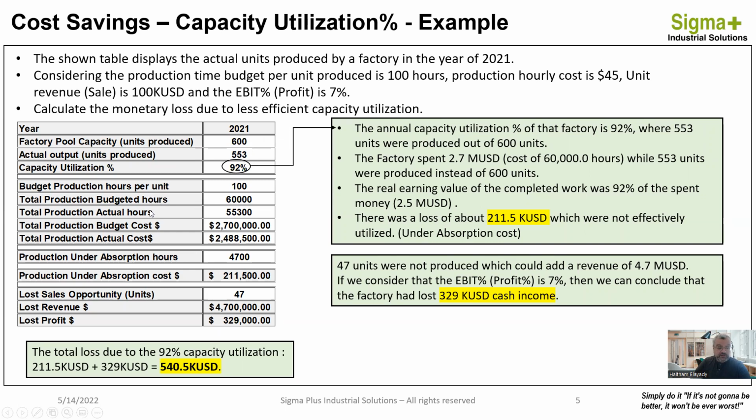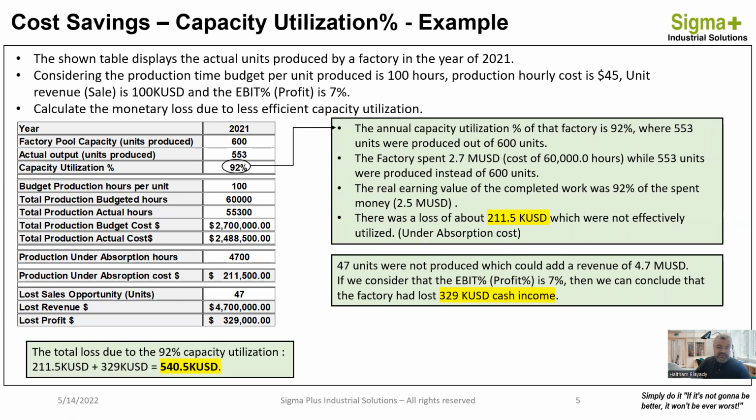And the total production actual hours, what has actually been spent, is 55,300 out of the 60,000. Please note that to make it simple, we have just multiplied the 553 units with 100 hours, which gives the actual hours.